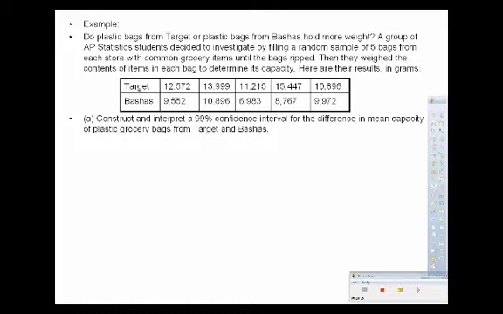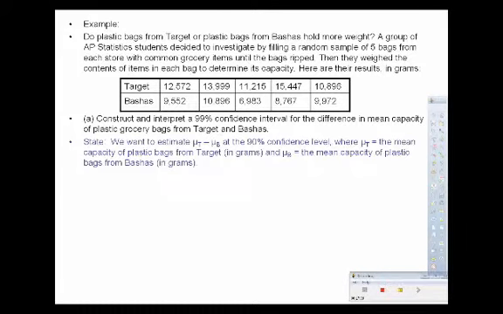Then they weighed the contents of the items in each bag to determine its capacity. And here are the results in grams. Conduct and interpret a 99% confidence interval for the difference in the mean capacity of plastic grocery bags from Target and Bashas'. Okay. So, you know what we got to do.